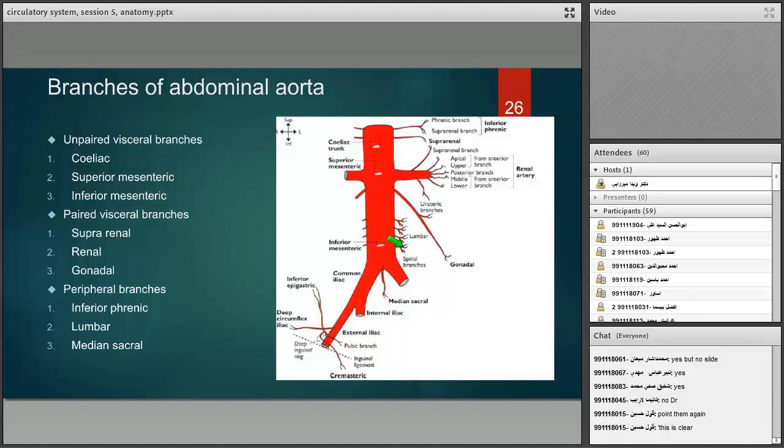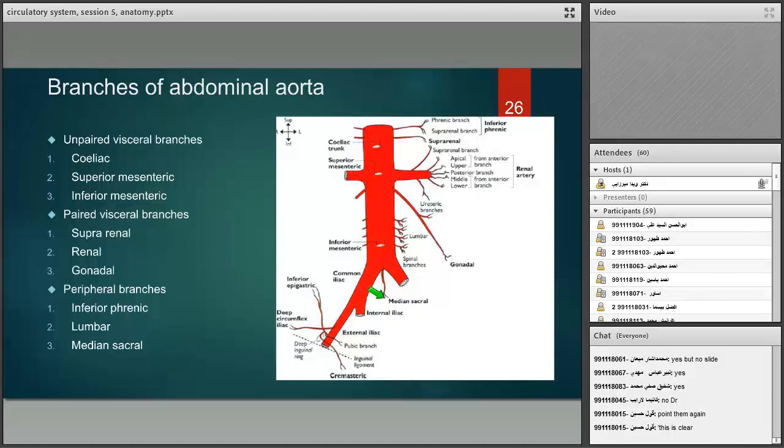The lumbar branches, we have 4 lumbar branches on each side, and the median sacral, which is unpaired.